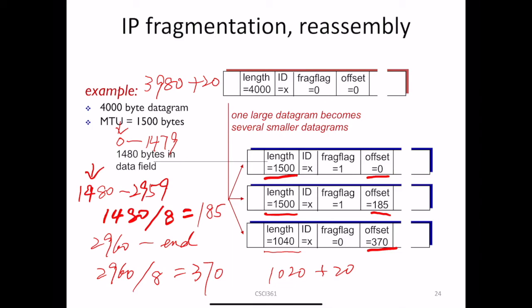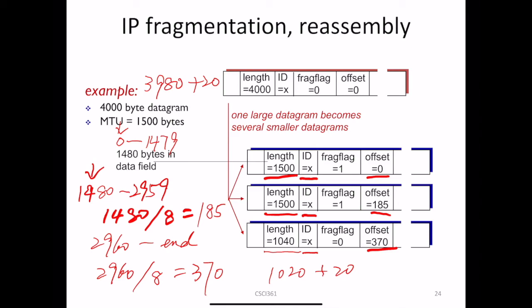And each piece of the original datagram will have the same ID number, which is X. And for the flag, if the flag equals 1, it means that after this smaller piece of datagram there is still more data.